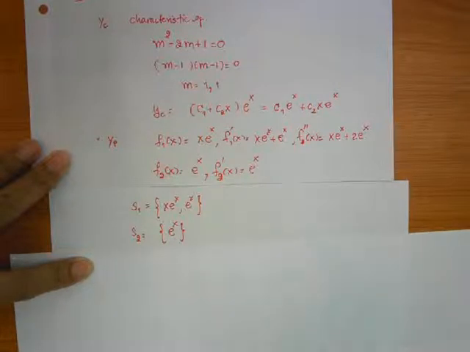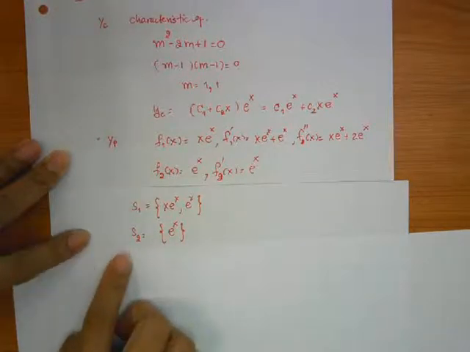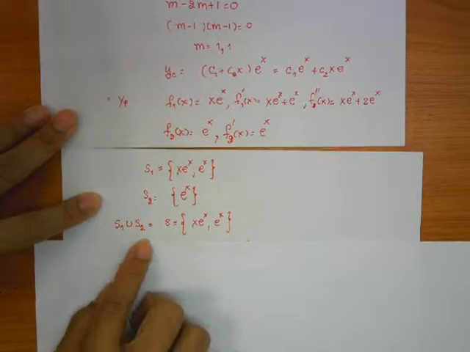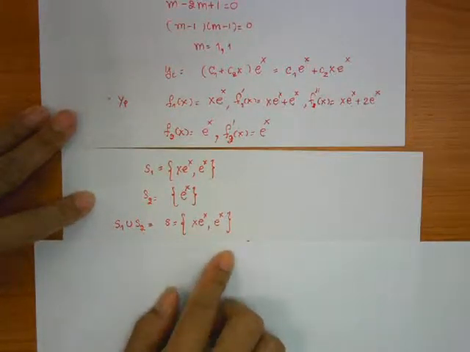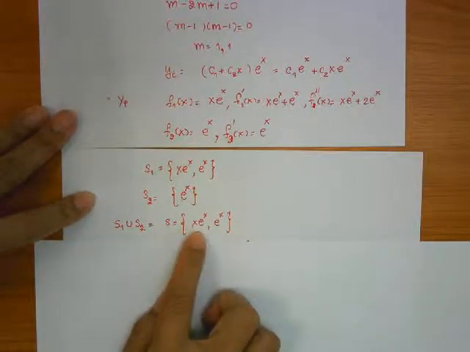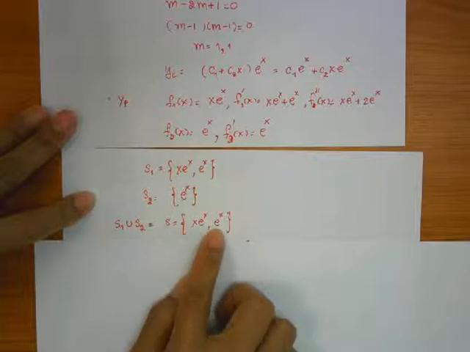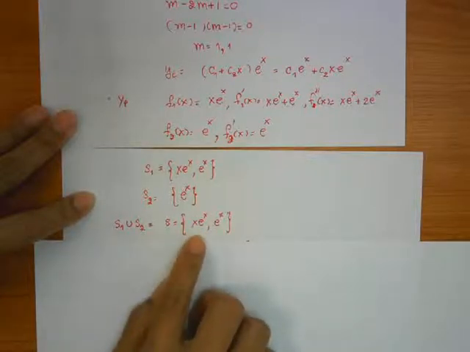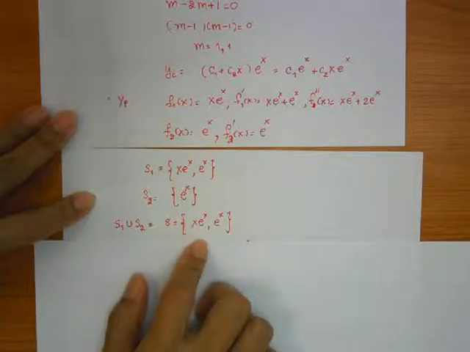Now you have two functions. So the way that you write down the whole UC set of your function is just by doing the union of S1 and S2. So you do union, you would get exponential of x times x and exponential of x. And this is going to be the representative of your UC set of your function.